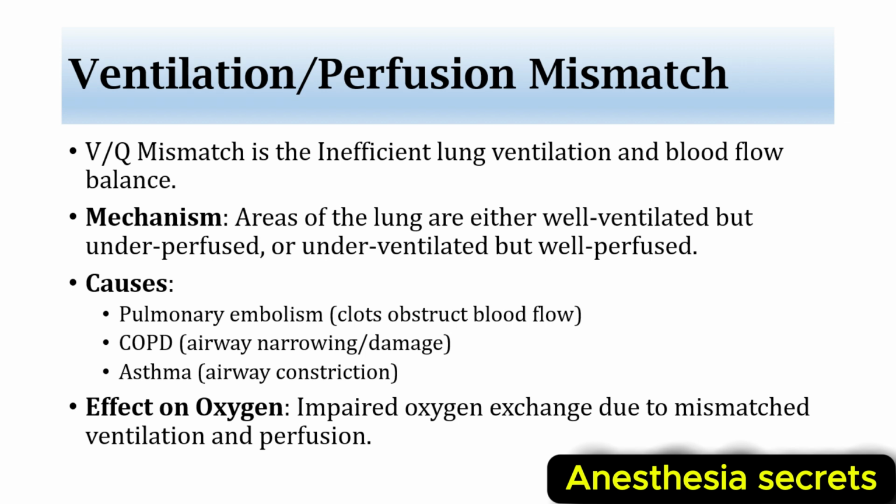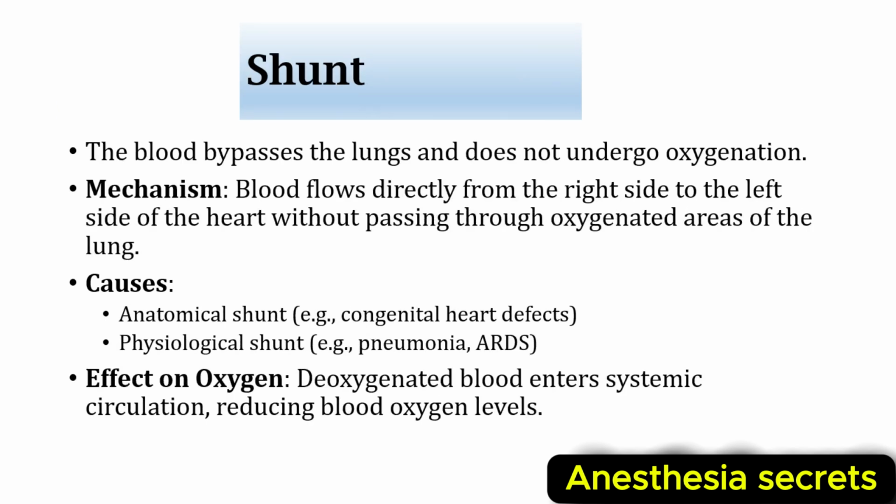The last cause of hypoxemia is shunt. Shunt is when blood is bypassing the lungs or does not undergo oxygenation before being distributed to different parts of the body, cells, and tissues.